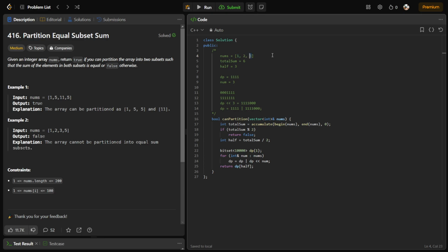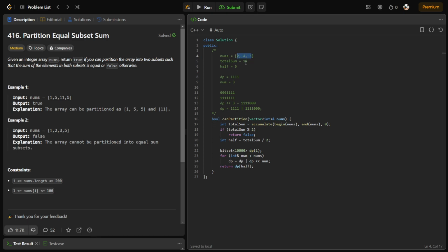Okay, so let me show you an example where it's not possible to split into an equal partition. In this case, 2, 4, 4. So the total sum we know from it is 10. Half of it will be 5. And since 10 is divisible by 2, this will not return false. If this were to be, let's say 3, for example, then this will give us 9.